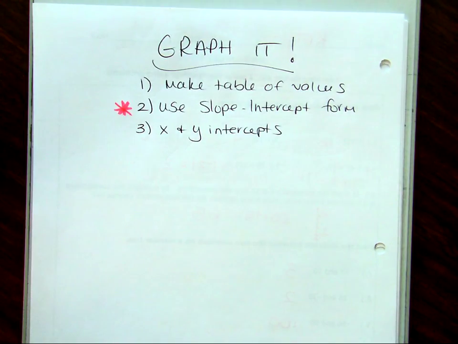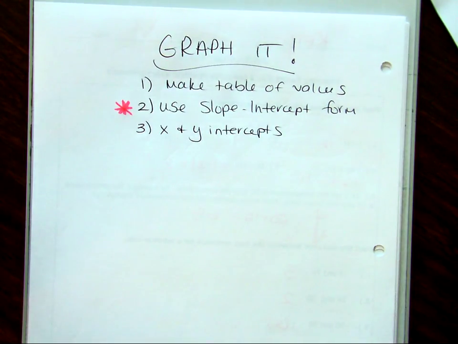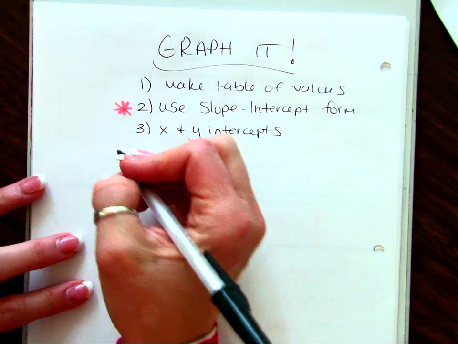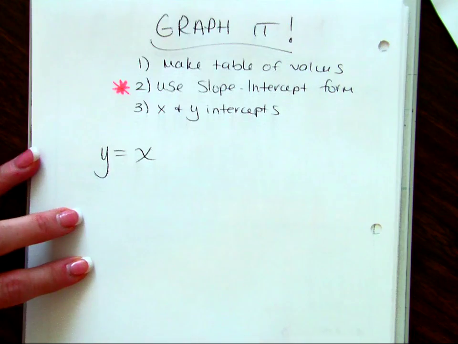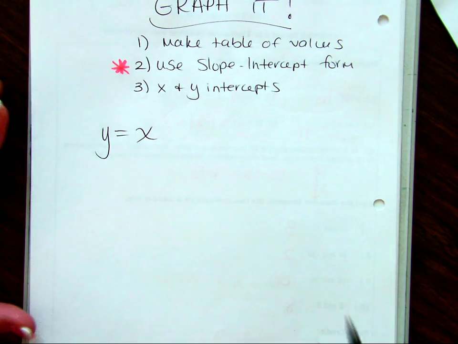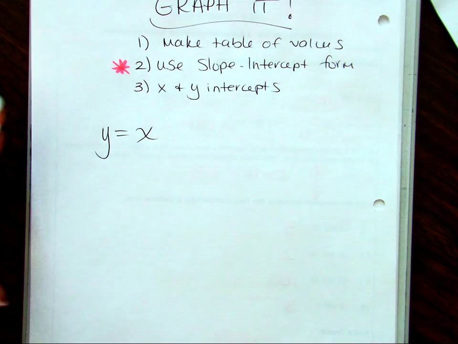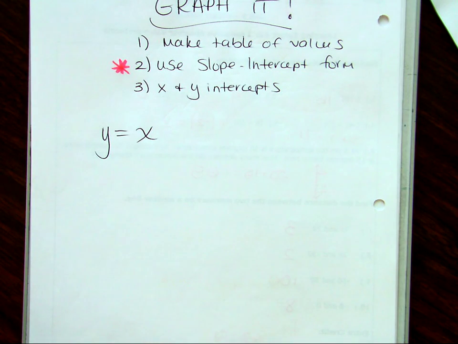Okay. So for slope-intercept form, the first thing I want to do is just kind of show you something. And on your paper, we're going to play around with our calculator in a minute. Just don't turn it on yet. I want you to write something called y equals x. All right? And right next to this, I want you to write, and I'm going to do it in red, just you'll see why for later, what this is.